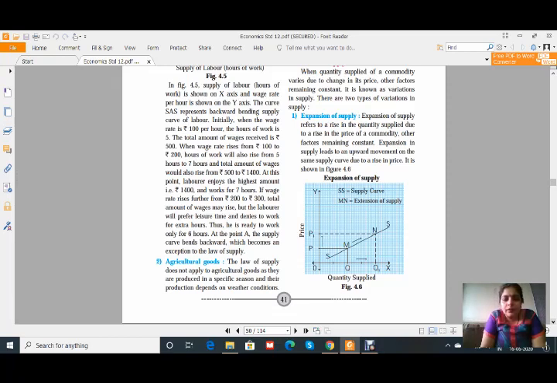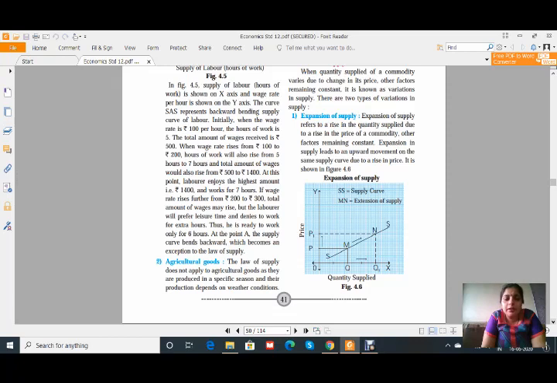now the agricultural goods. The law of supply does not apply to agricultural goods as they are produced in a specific season and their production depends on weather conditions. See, the law of supply does not apply. Why?